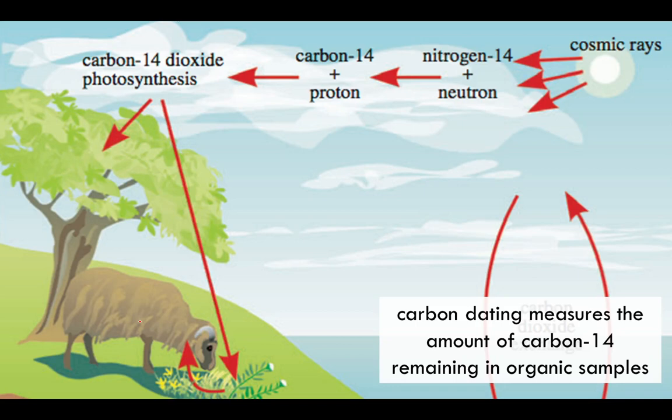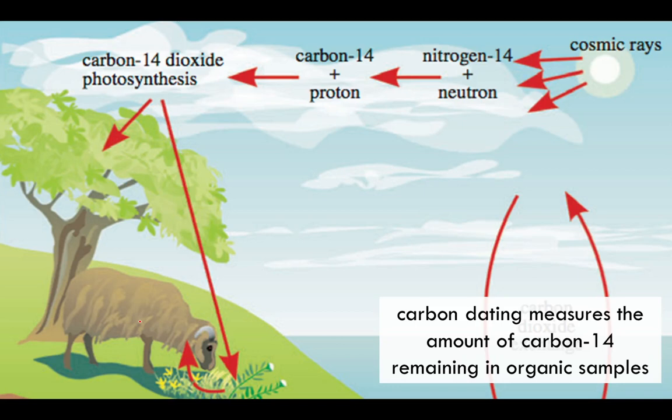And because it has such a short half-life, 5,730 years, it only really lasts for 3 or 4 half-lives in the environment. And that means that you can date organic material, bones, teeth, plant residues, and things like that, going back a few thousand years.